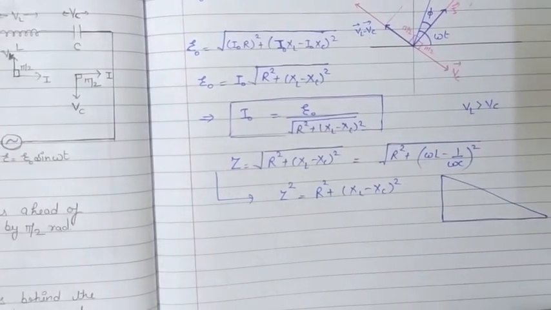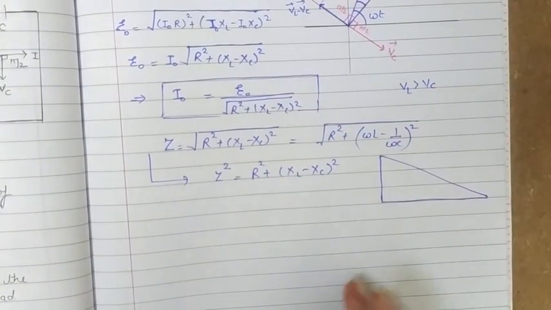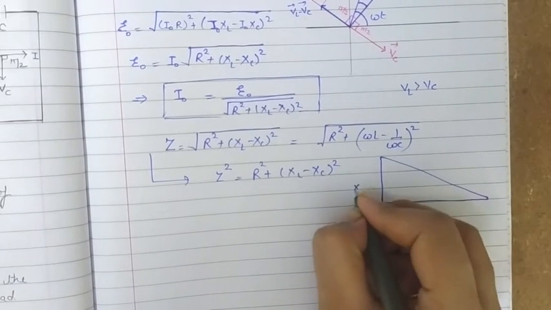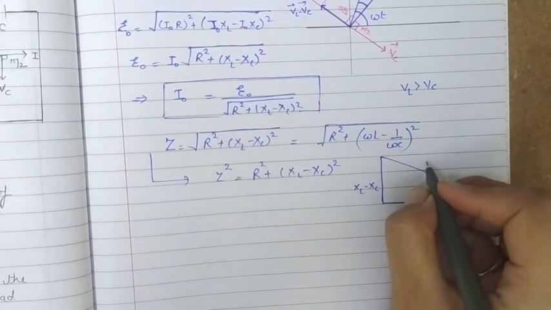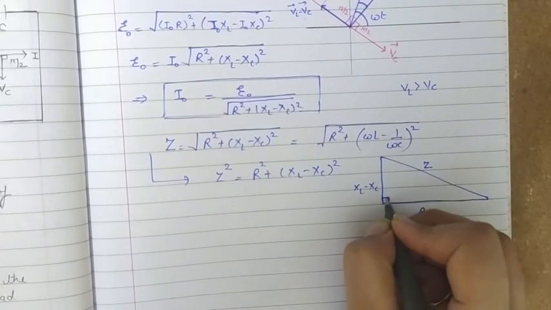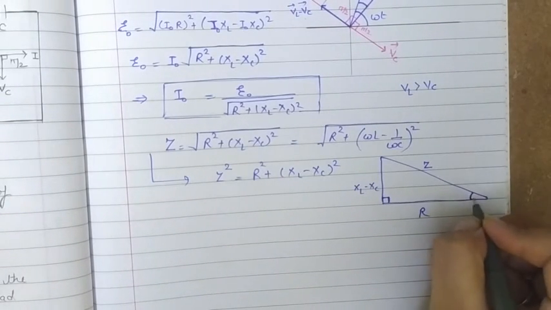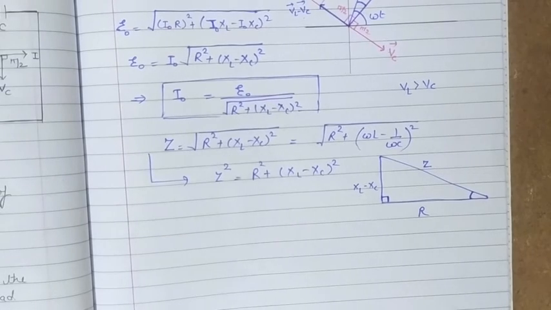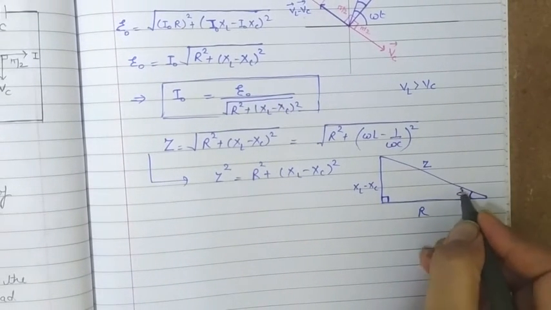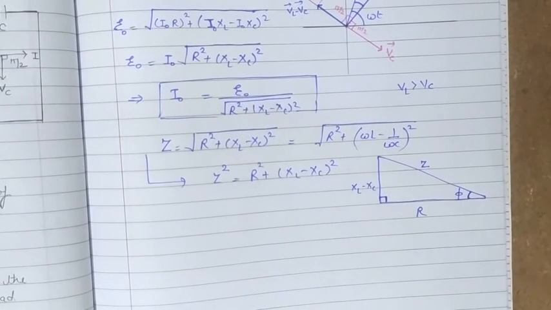The sides of this triangle are R and XL minus XC, and the hypotenuse is Z. This angle that Z, the effective resistance, makes with the direction of R is phi, because the direction of resistance, voltage across resistance and current is the same.